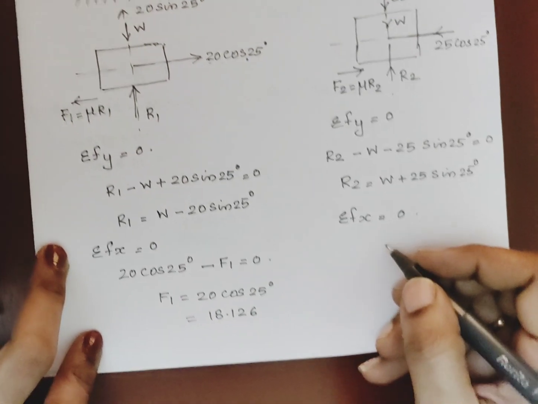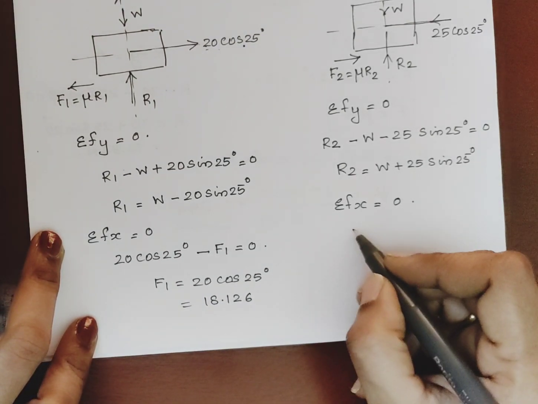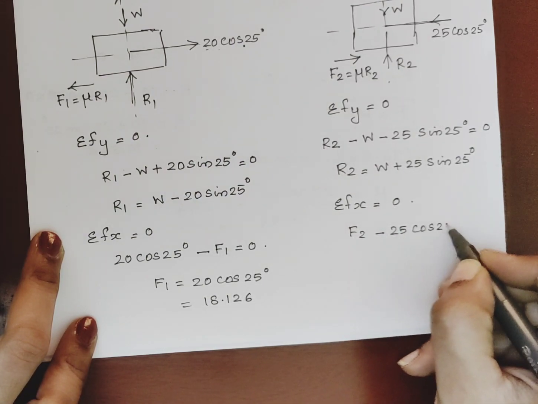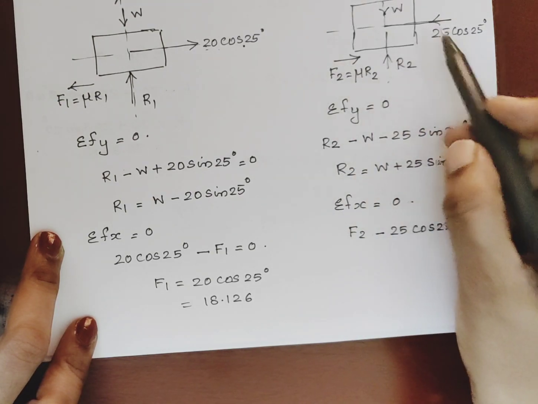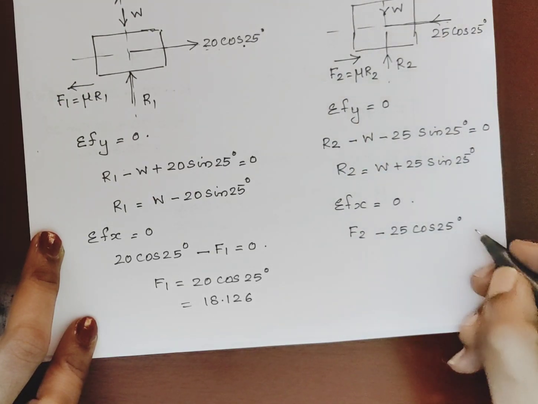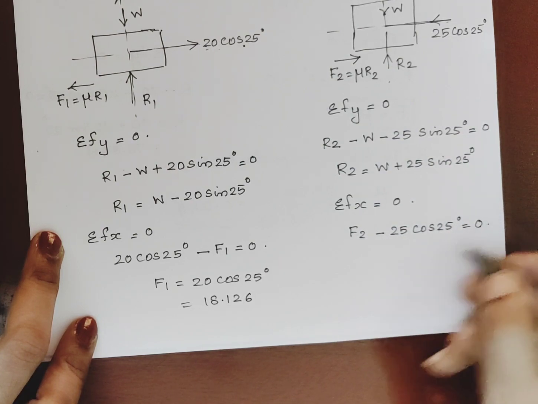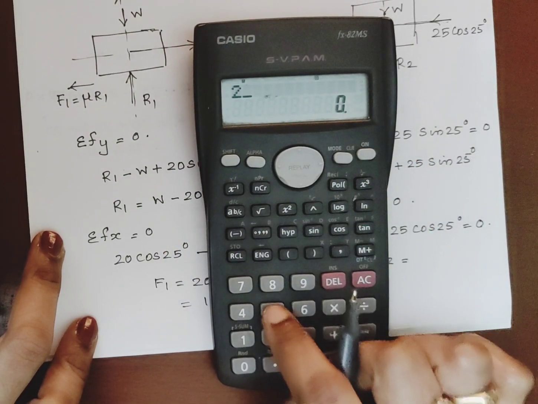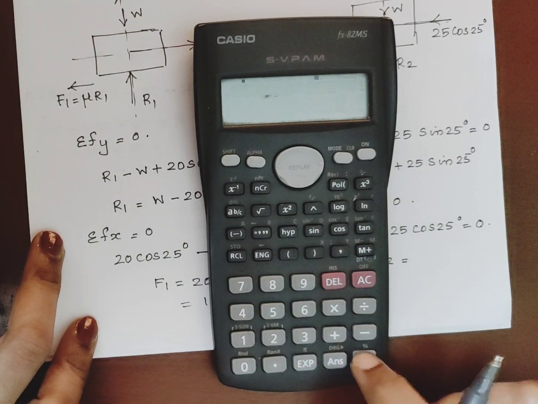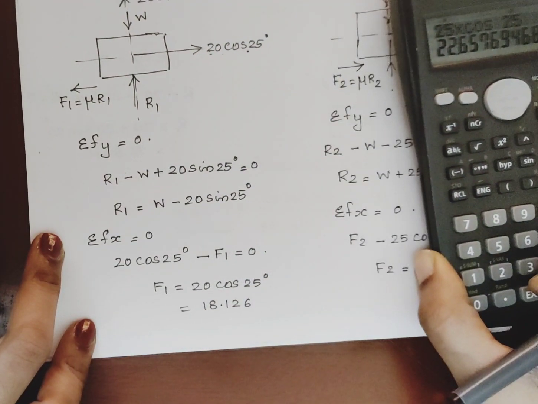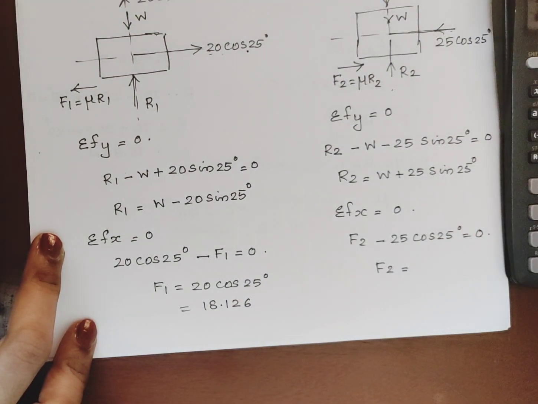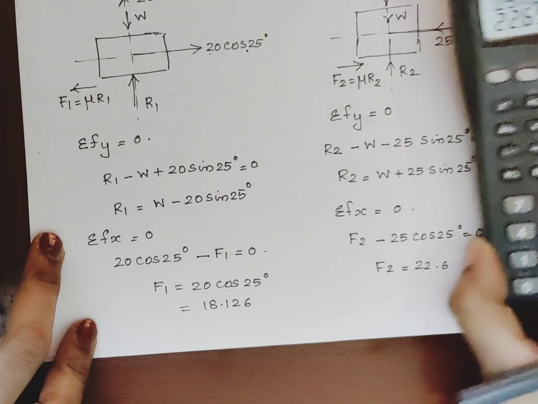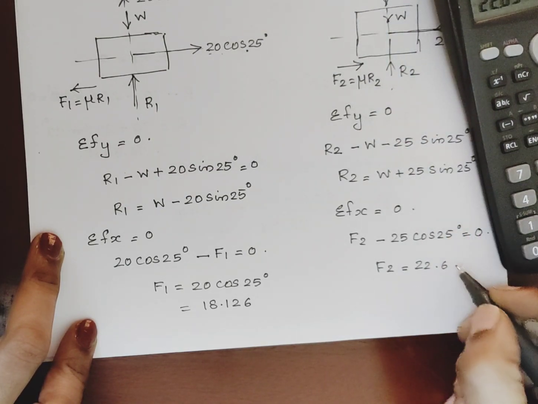So F2 minus 25 cos 25 degree equal to 0. F2 is acting to the right, 25 cos 25 degrees to the left. F2 is equal to 25 cos 25 degree. So that is equal to 22.658.